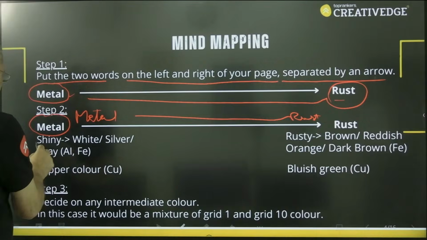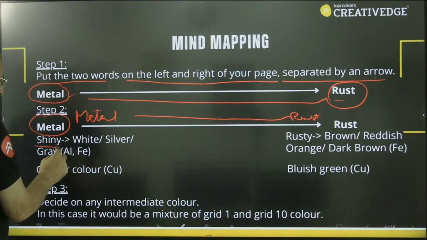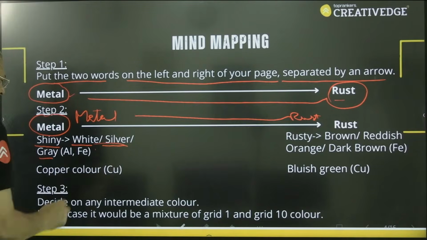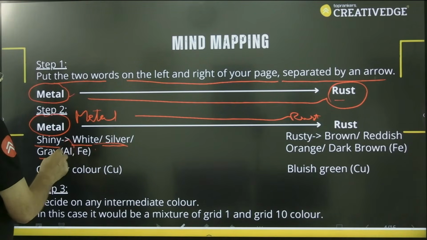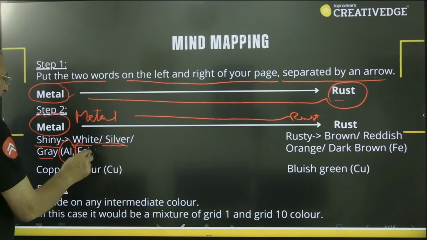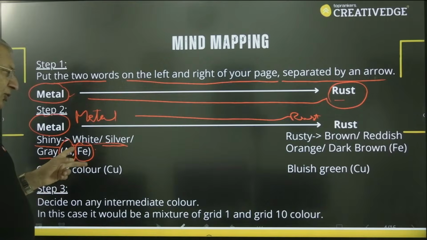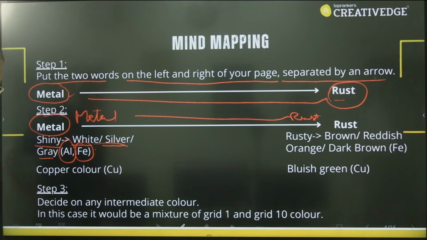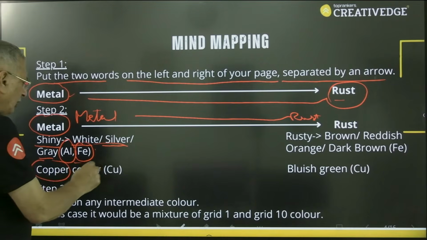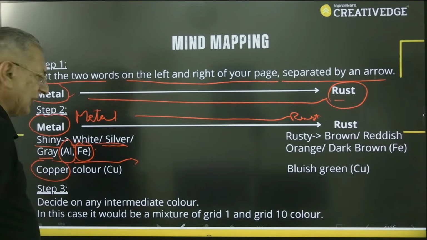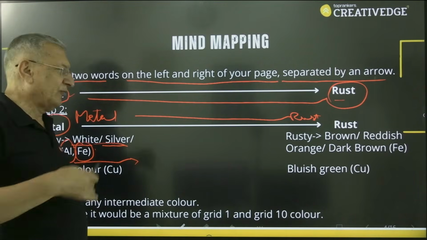So then you describe the first position: shiny, white, silver, silverish gray color. Now, this could be a metal provided by the examiner, either iron or aluminum. I'm talking about two of them right now, or maybe copper to its oxide. I've just taken an example of metal to rust.